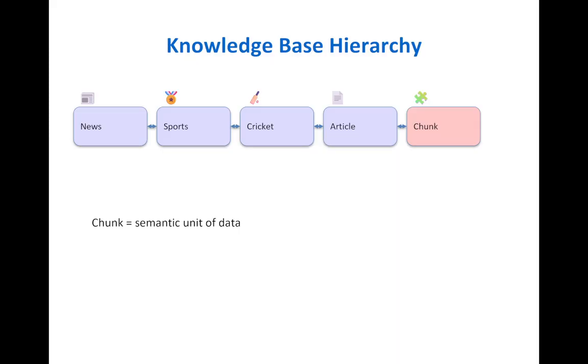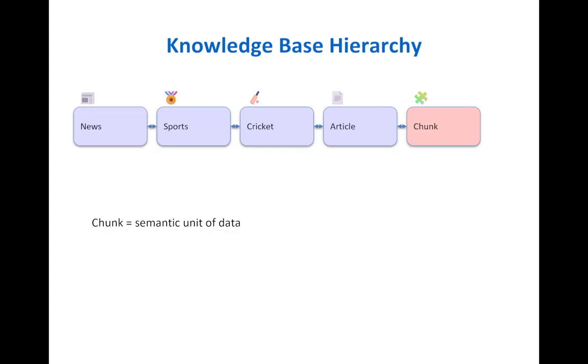So how do you scale this? I mean, you have lots of data, maybe hundreds of thousands of documents. First of all, you organize your knowledge base in a hierarchy. Say, for example, you are dealing with lots of news articles.